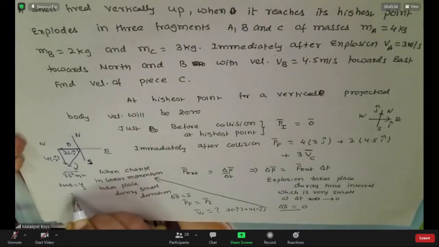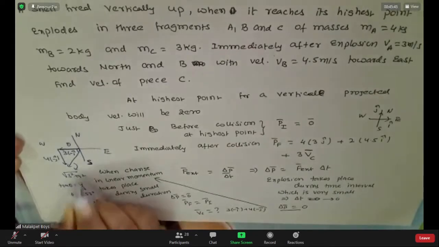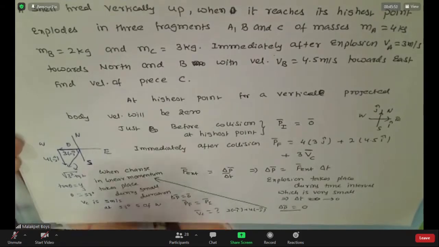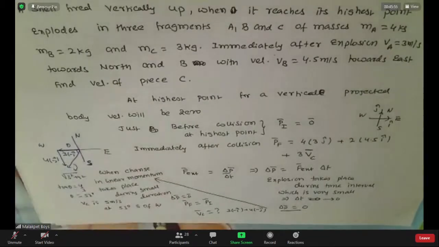Tan 53 degrees, so VC is 5 meters per second at 53 degrees south of west. This is west, south of west.